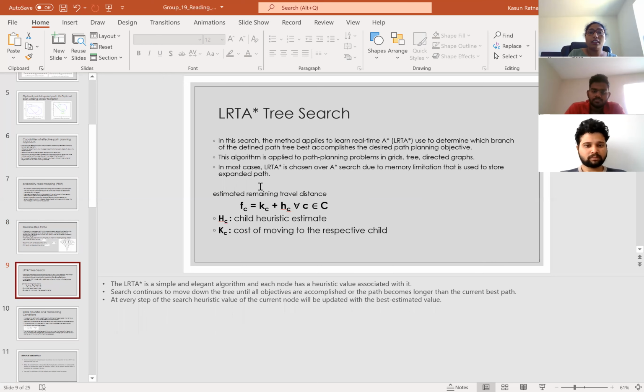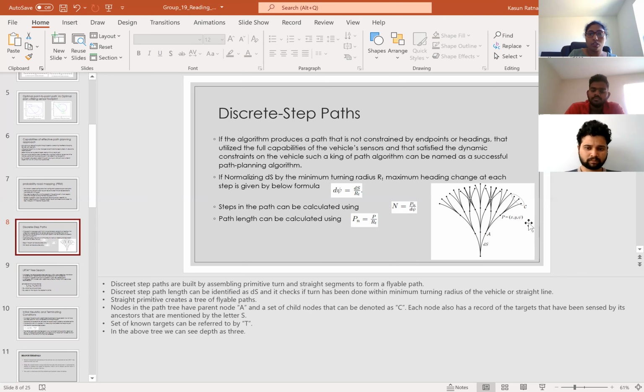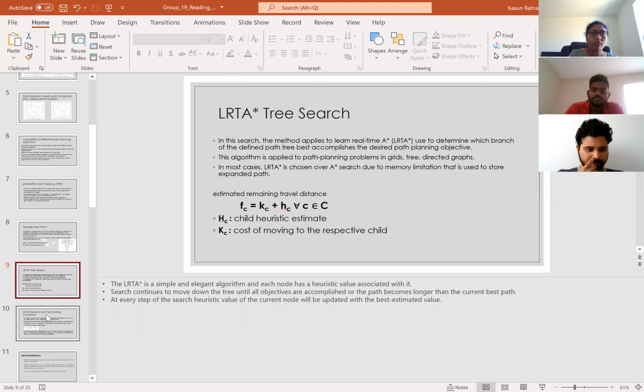LRTA star tree search. In this search, the learning real-time A star method is used to determine which branch of the identified path best accomplishes the desired path planning objective. So when we have multiple paths to reach targets, we can find the best path by using the tree algorithm.